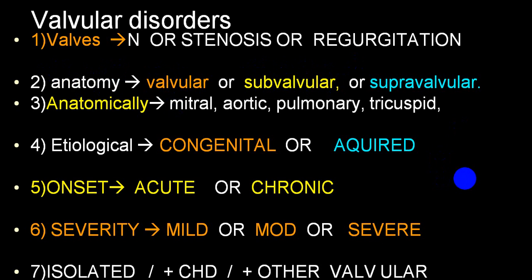And if it is above the valve, we call it supravalvular involvement. That is mainly in stenosis rather than regurgitation, and mainly in the pulmonary and aortic valves.